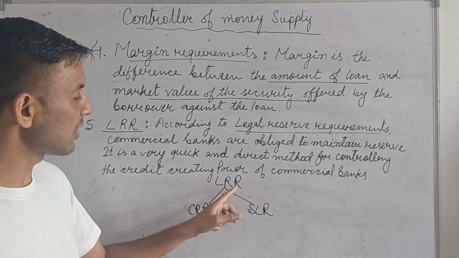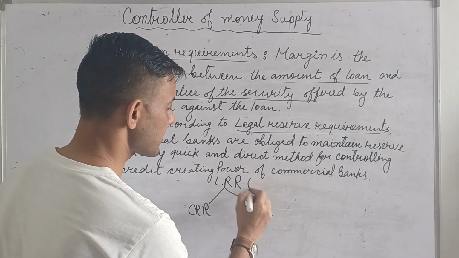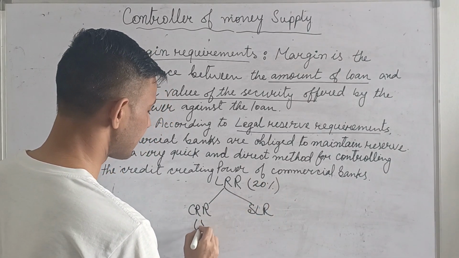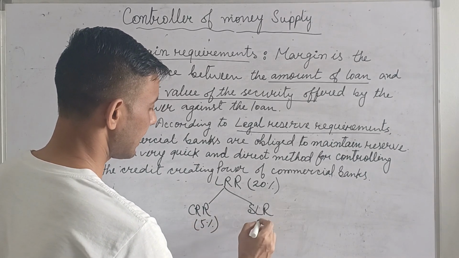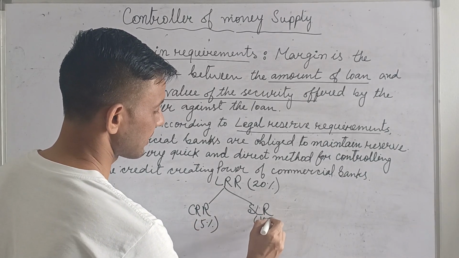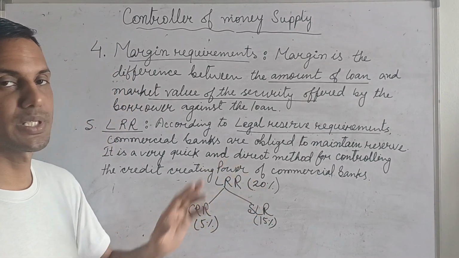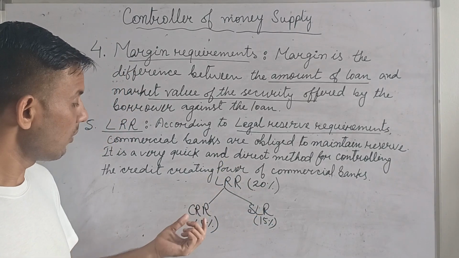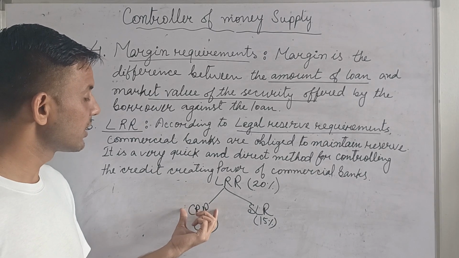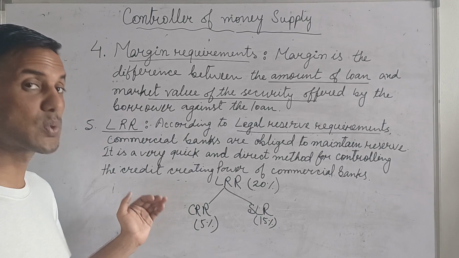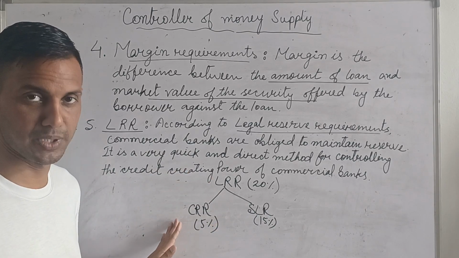Suppose the legal reserve ratio is 20%, and CRR is 5%. Then SLR is 15%. So 5 plus 15 is equal to 20%. Now, what is the CRR? It is the cash reserve ratio that the commercial bank has to keep with the Reserve Bank of India.